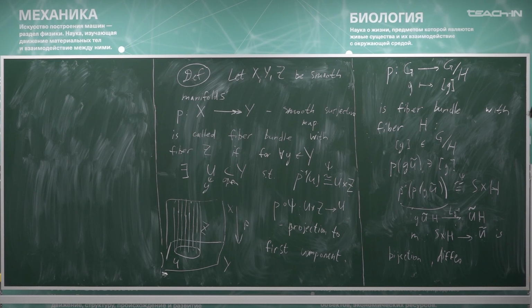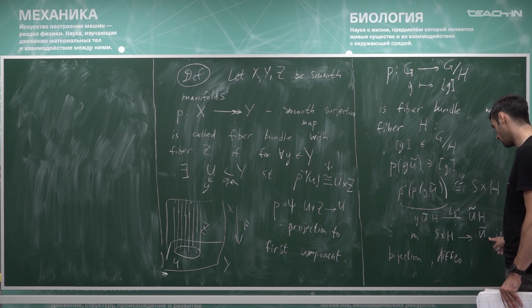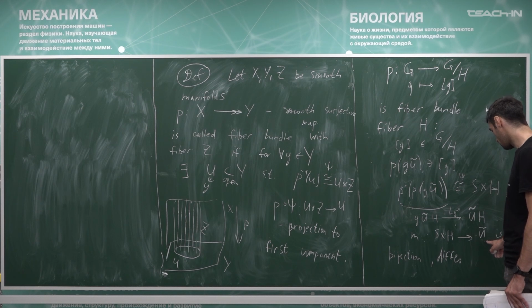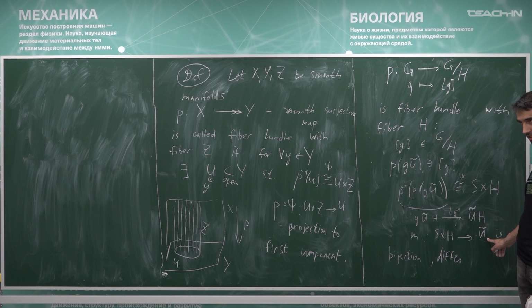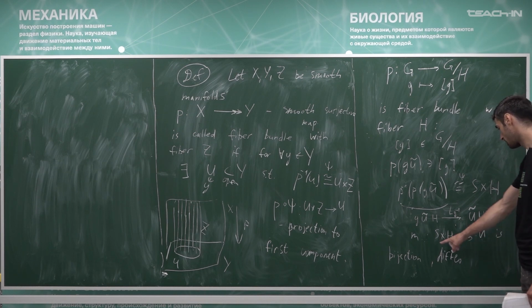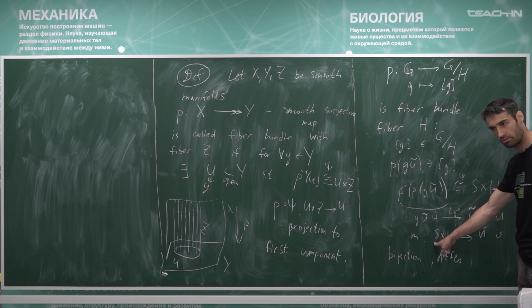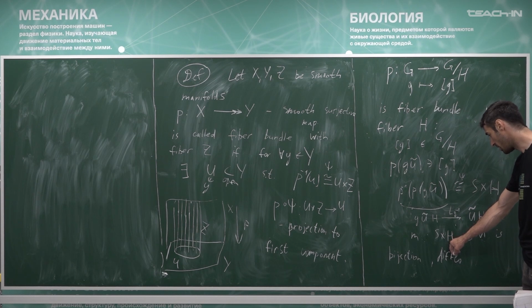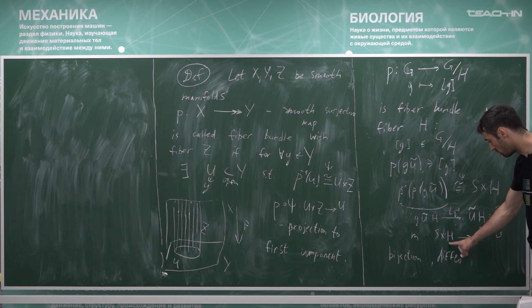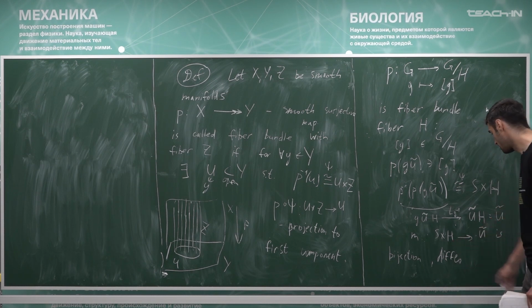Therefore, if I multiply by H here, U tilde times H is the same as U tilde, because U tilde is obtained by multiplication, something from S times something from H. And as we run over everything from H, we just go over all elements in here.